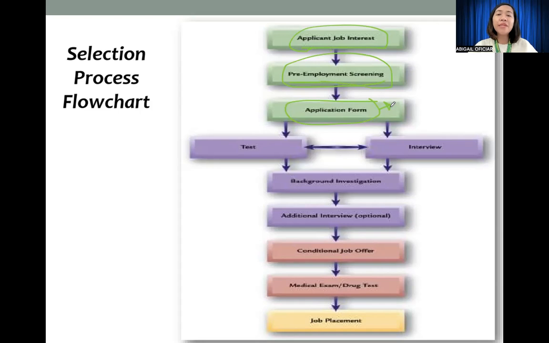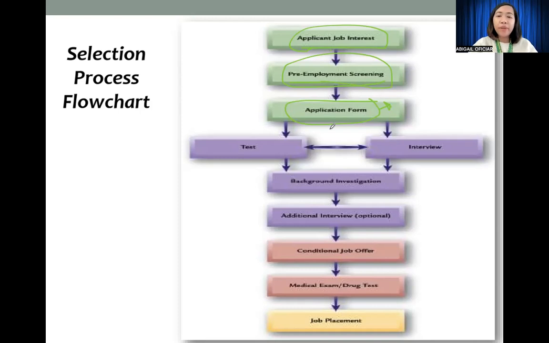So it will be easier for recruiters or selection specialists to select the best among the applicants if they have what we call an application form. And it is also very helpful for recording data from the applicants.